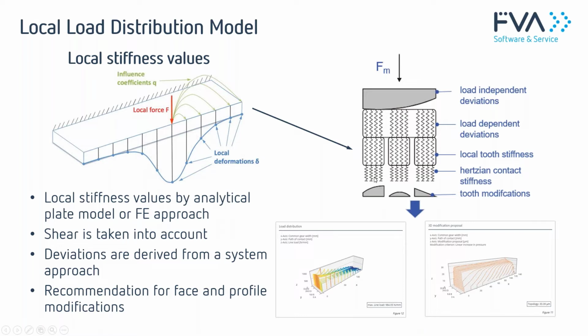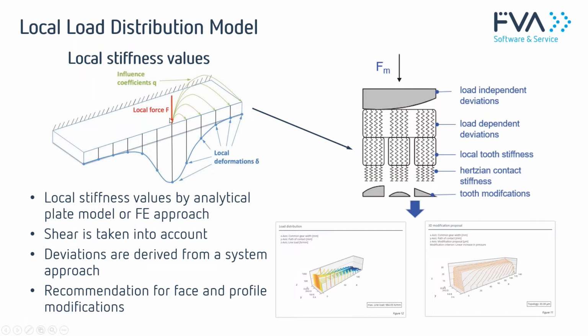So here, this represents the 3 contact lines. We have the 3 local stiffness values, then we have the Hertzian contact, we have tooth modifications, and we have the same detailed information of the system deformation. Here, the main difference is that we have the shear between the contact points along the face width taken into account.